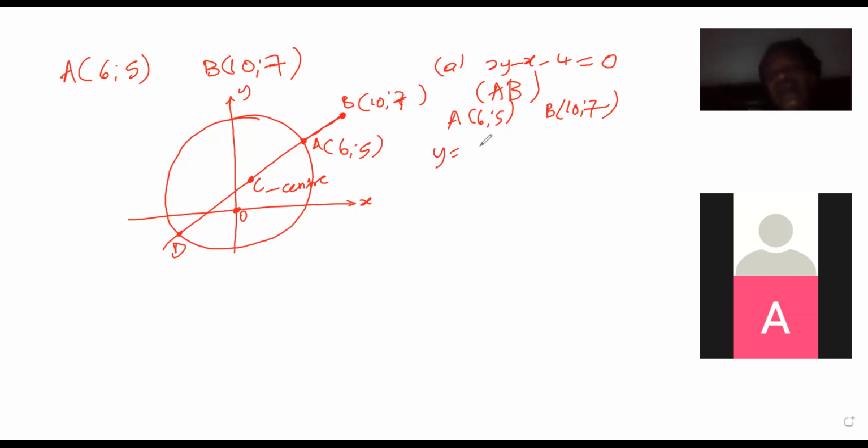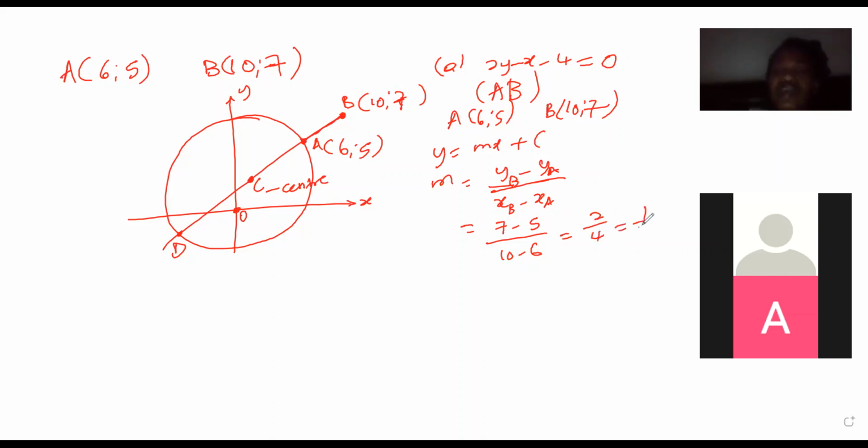Equation of a line: y equals mx plus c. We find m as y of B minus y of A divided by x of B minus x of A, which is 7 minus 5 over 10 minus 6, which is 2 over 4, which is half. So y is half x plus c.